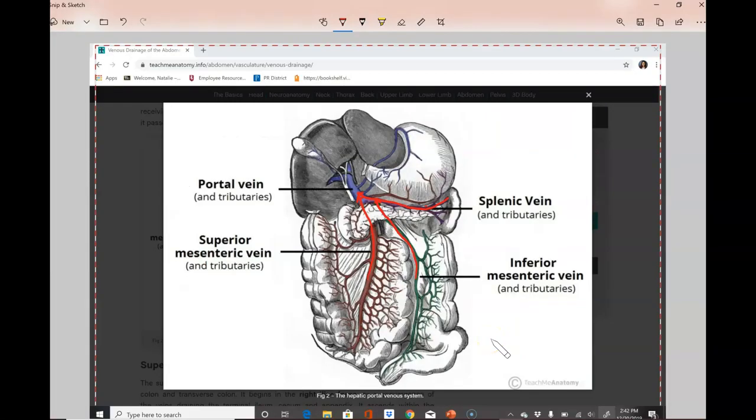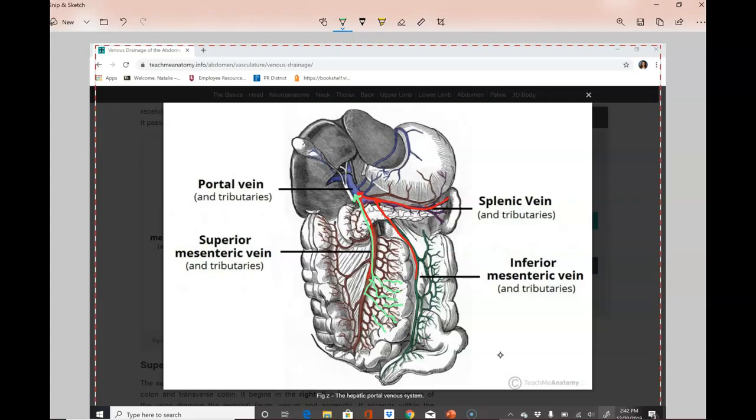So just to tie that back into the picture that we have here, veins that we described, like the superior mesenteric vein, it's taking all of that nutrient-rich but oxygen-low blood, putting it all into the superior mesenteric vein at this point, carrying it up to the portal vein.